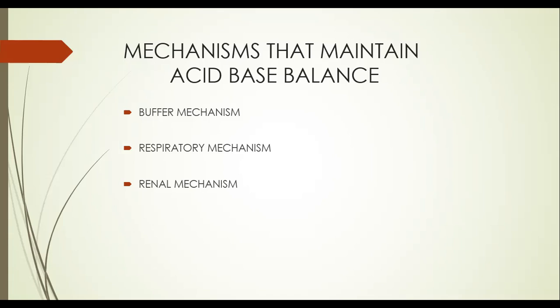Okay, when there are high levels of hydrogen ions in the blood, what happens? If your body has high levels of hydrogen ions, what does the kidney do? It secretes hydrogen ions and reabsorbs sodium ions. And the second one is the formation of ammonia.